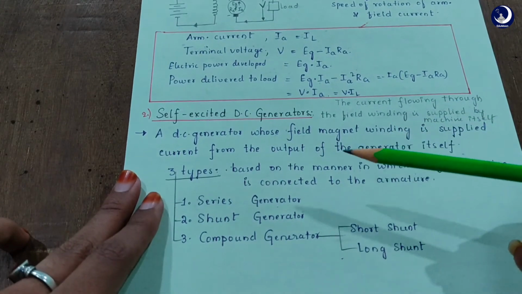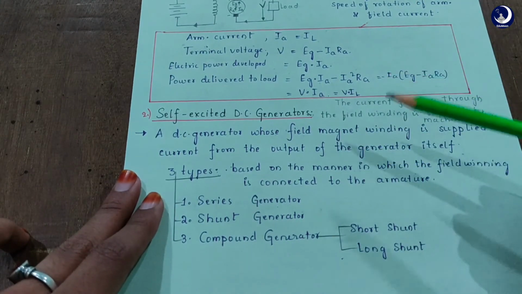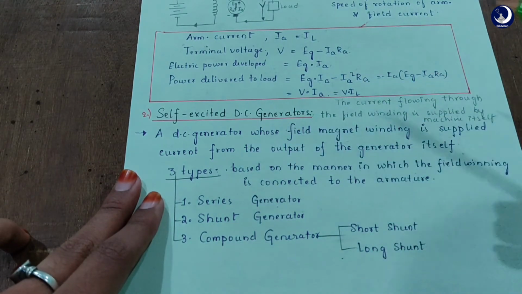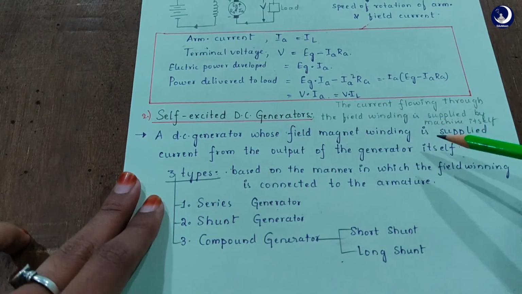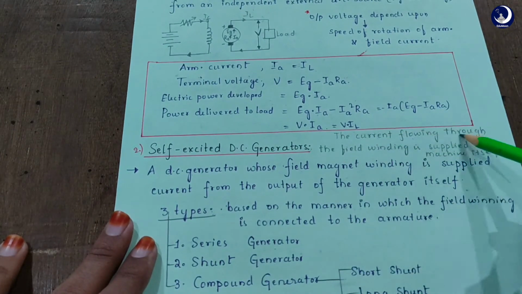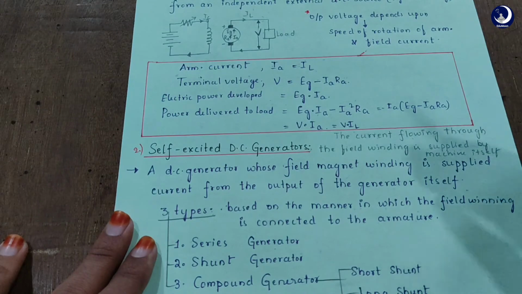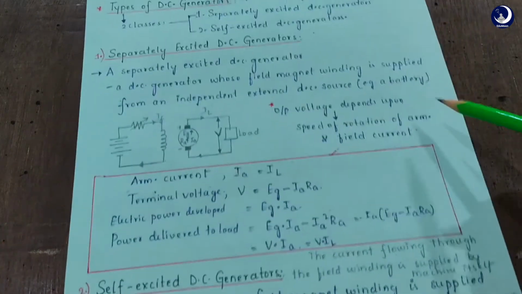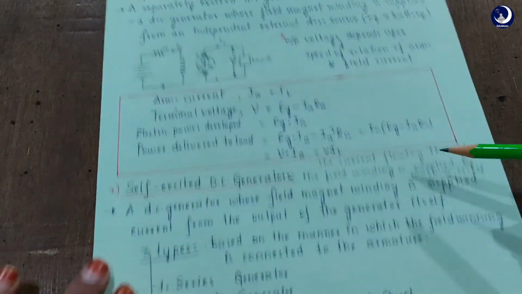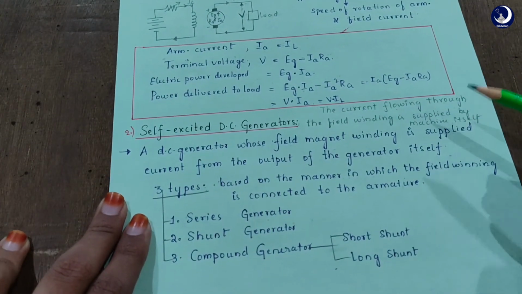Self-excited DC generators. It is a DC generator whose field magnet winding is supplied current from the output of the generator itself. That is, in simple words, the current flowing through the field winding is supplied by the machine itself. Here you supply it through an independent external DC source; there it is supplied by the machine itself.